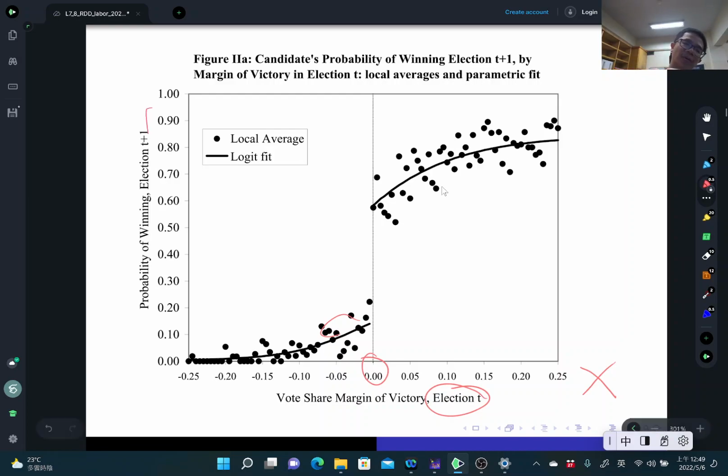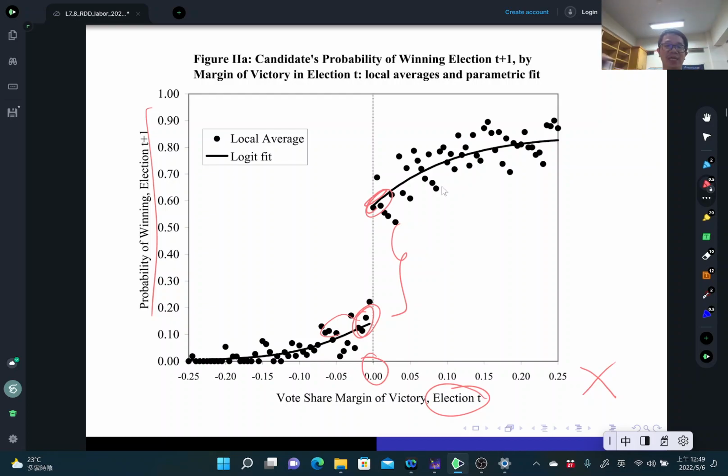They want to compare the outcome, the probability of winning the election next time. And they find that those who barely won last time have a much higher probability of winning next time than those who lost last time.